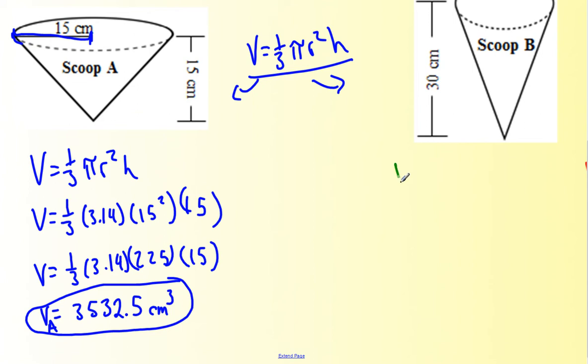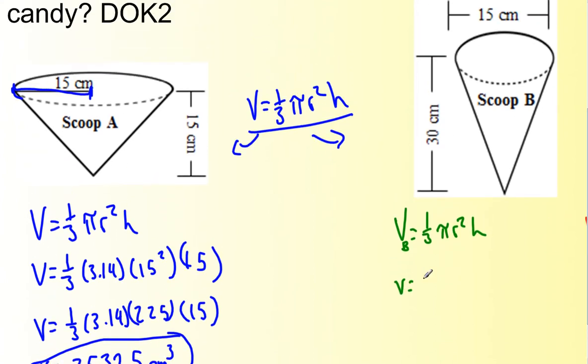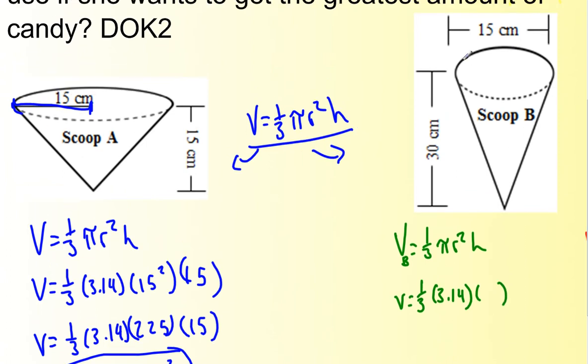Volume of B. Volume of B is 1/3 pi r squared h. Let's see. 1/3 times 3.14 times the radius. We have a diameter from one edge of the ice cream cone to the other, the whole way across the circle.